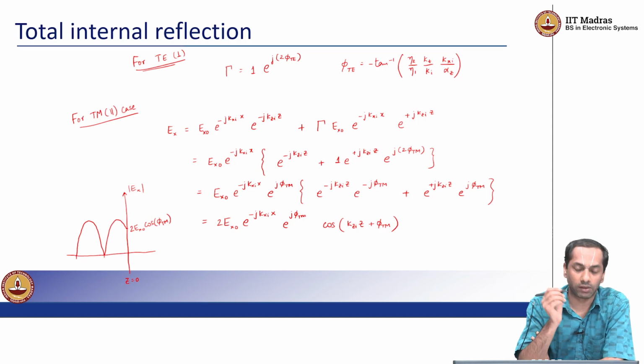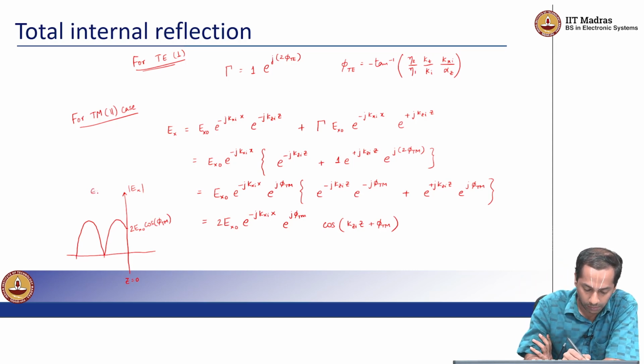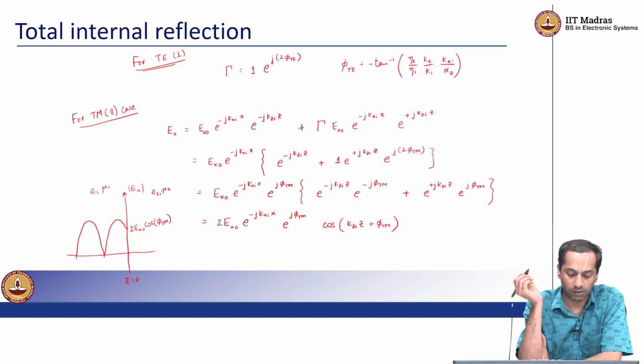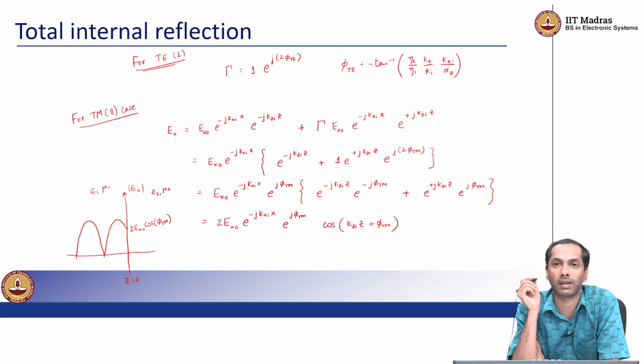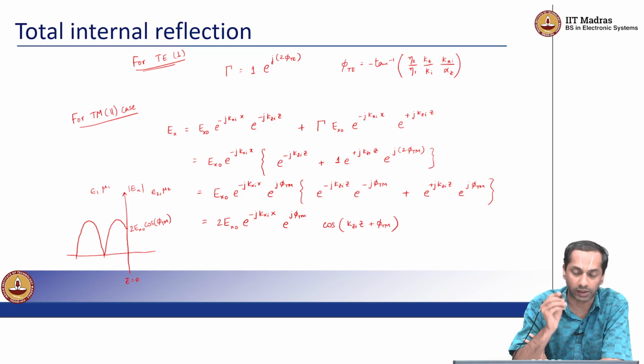in medium 1, right? So remember, this is medium 1 with epsilon 1 mu 1, and this is epsilon 2 mu 2, when we have total internal reflection, right? Because the reflected beam has all the same strength as the incident beam, the electric fields are able to completely cancel each other at certain points, right?